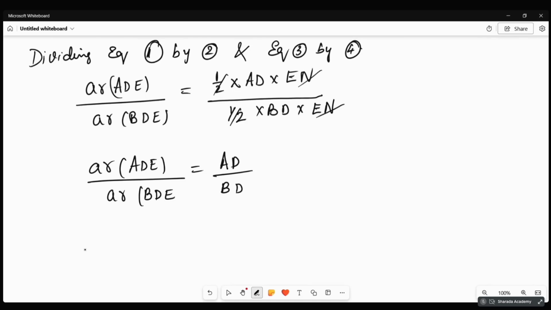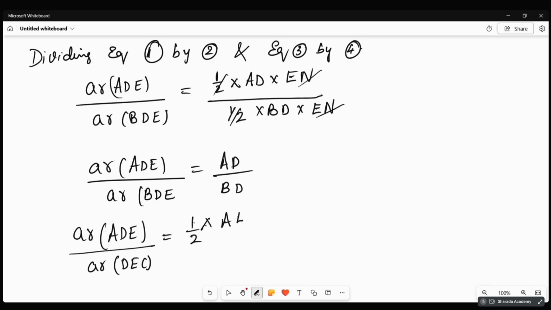Next, 3 by 4. What we have? Area of ADE by area of DEC. Base we have taken as AE, then altitude was DM. Here half into base EC, then altitude will be DM. So we got AE by EC.